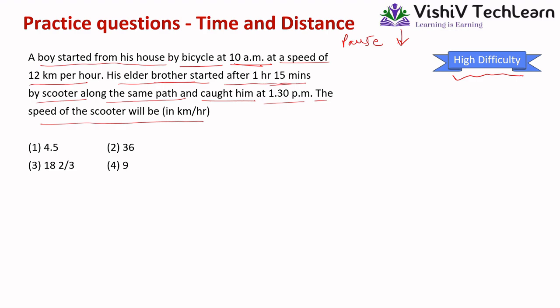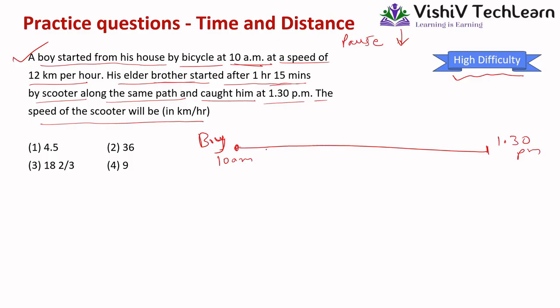Now in this, first let's talk about the boy. Let's say the boy has started from this point, and he has finished at this point at 1:30 pm, and this time is 10 am. What is the time from 10 to 1:30?